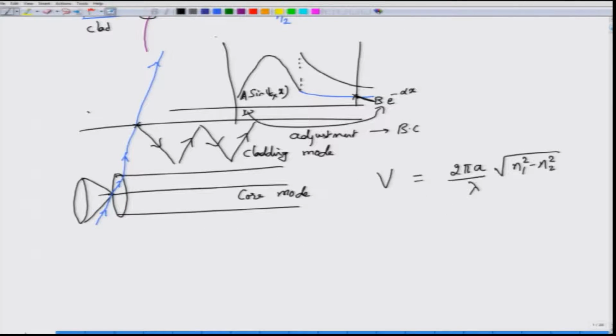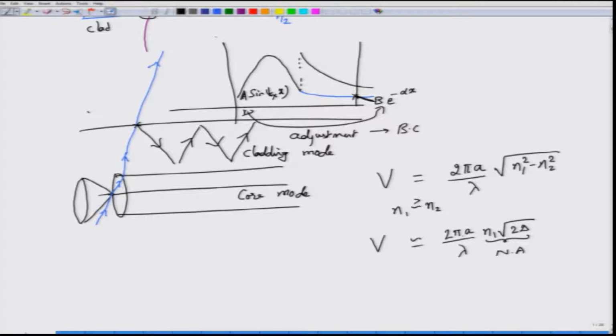Under the assumption that n1 and n2 are approximately equal, of course n1 has to be greater than n2, n1 corresponding to the core refractive index of the fiber, n2 corresponding to the clad refractive index of the fiber, then this V number can be approximately written as 2 pi a by lambda n1 square root of 2 delta, or this entire thing is nothing but numerical aperture as we saw in the last class.